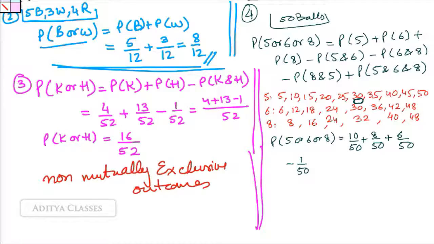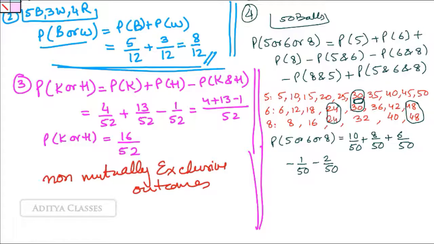These are the common terms in 5 and 6. Okay. Then common in 6 and 8. In 6 and 8 we see that this is common, so we get 2 out of 50.